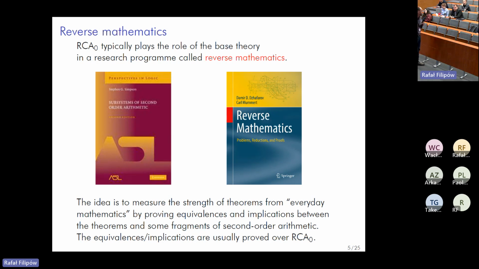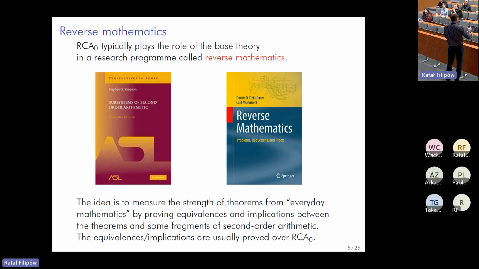So from, for example, stuff that you could encounter in an undergraduate course in analysis or algebra or elsewhere. And a way of measuring how strong, I don't know, the Bolzano-Weierstrass theorem is, for instance, is to prove that it's equivalent to a certain set existence axiom formulated in this language of second-order arithmetic.